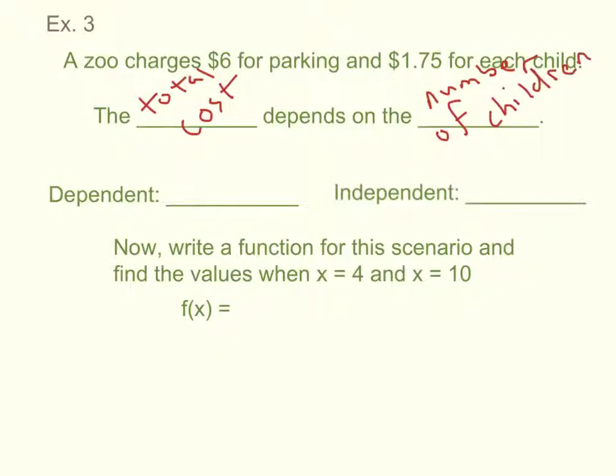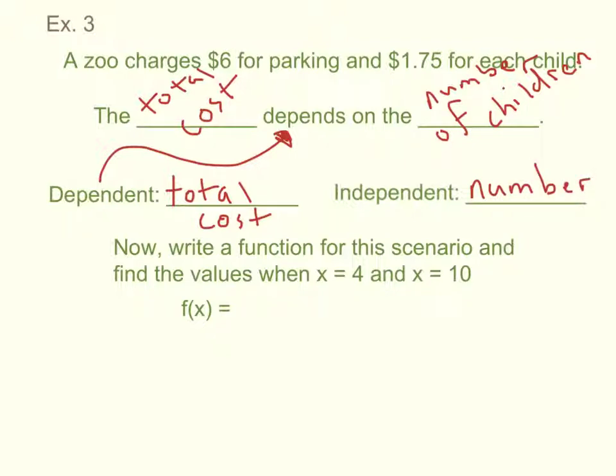Sorry that I'm running out of space there. So then when we write that down again, we know dependent always comes from whatever is depending on something else. So the dependent variable in this case is our total cost. And our independent is the number of children.